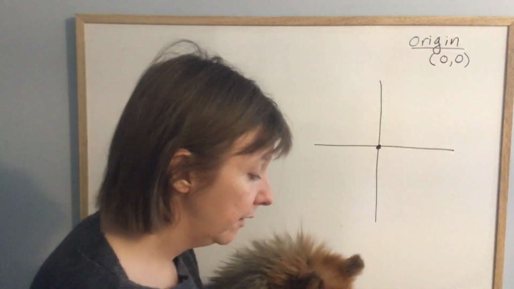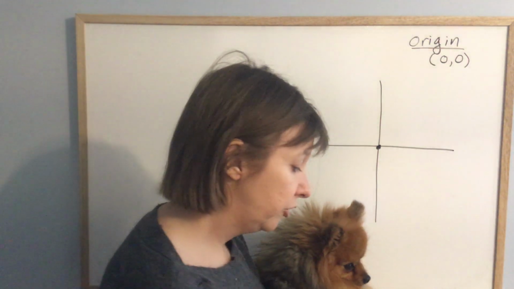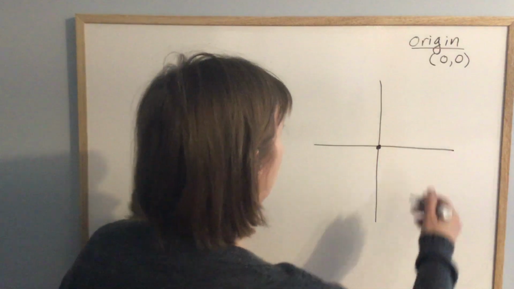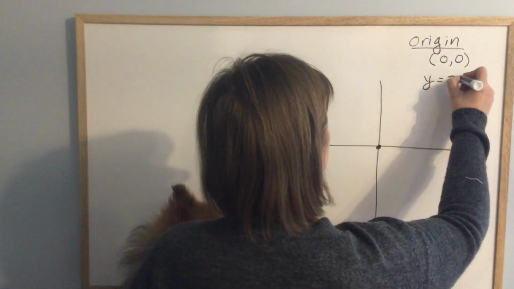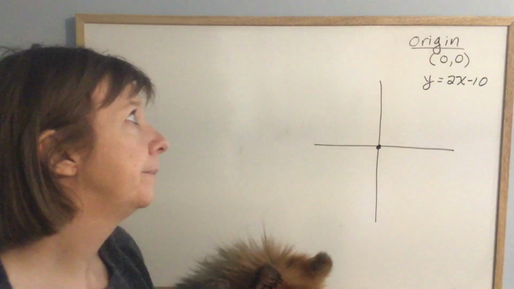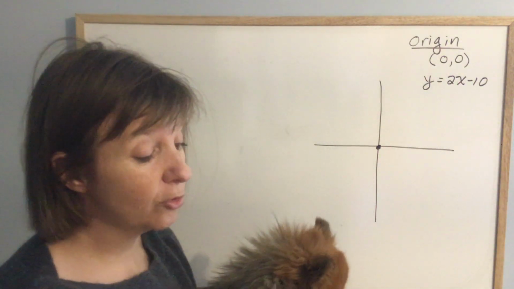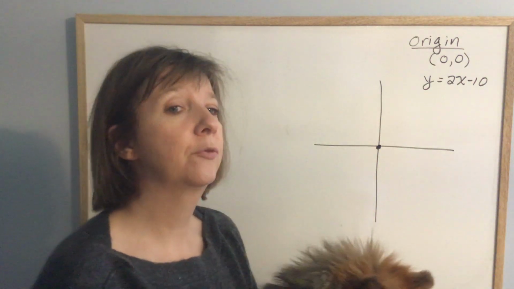Now they want to know the shortest distance from that point to the line y is equal to 2x minus 10.